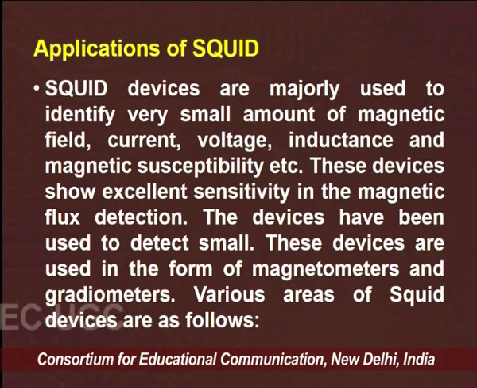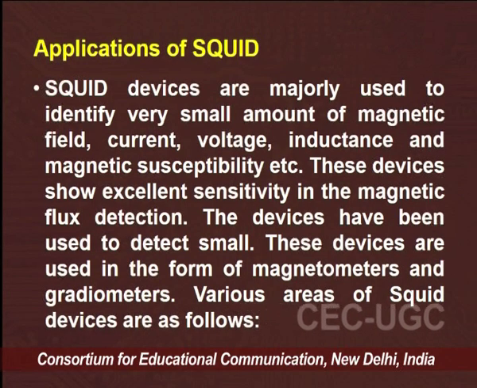These are the applications of the SQUID. These devices show excellent sensitivity in magnetic flux detection, and are used to detect small values of various parameters. They are used in the form of magnetometers and gradiometers.